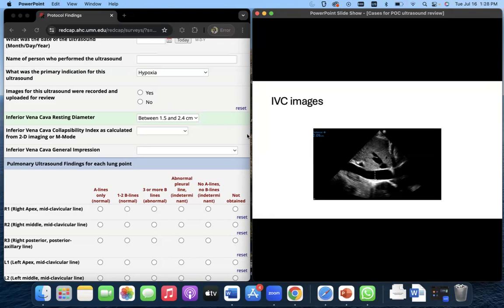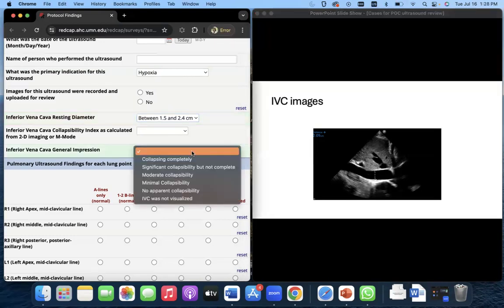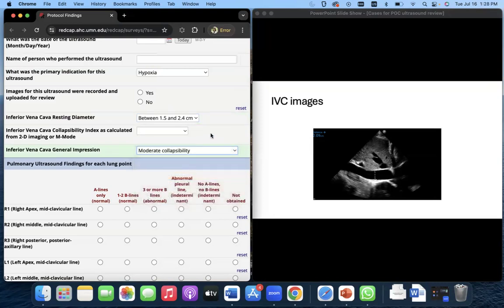So assessing the IVC, sometimes it's important to get the full diameter, but it's also important to measure how much it's collapsing.